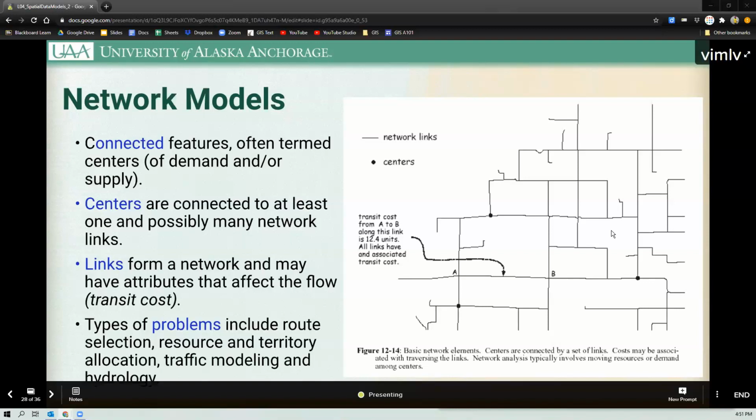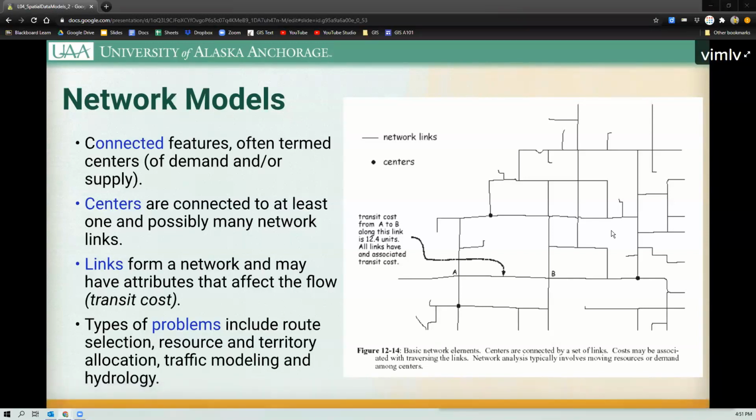And then you'll have some sort of attributes that tell you how you can behave along those lines. So if you have a road system with one-way roads, it would give you the information that you can only travel a certain direction on those roads or certain speeds if you're trying to manage your fleet mobility. So any information about how you travel along those routes would be captured within the attributes of those lines or links. So we use these types of systems to answer real world questions, and they're incredibly useful because of it.